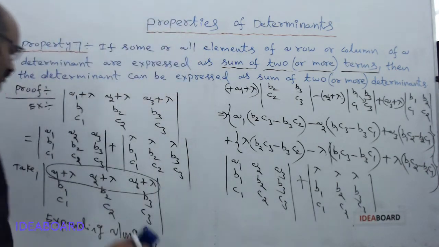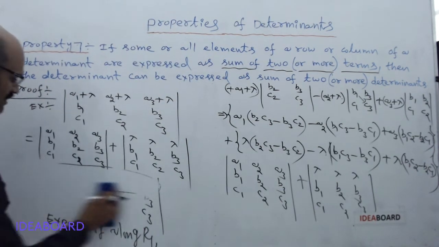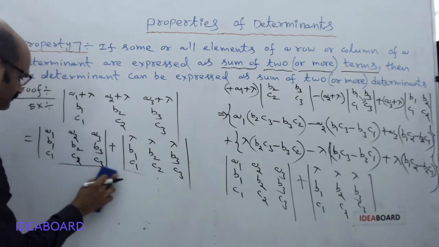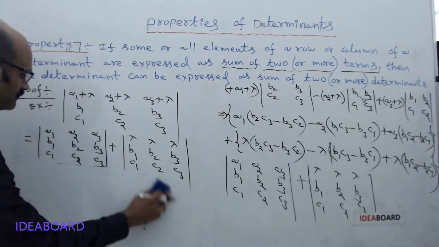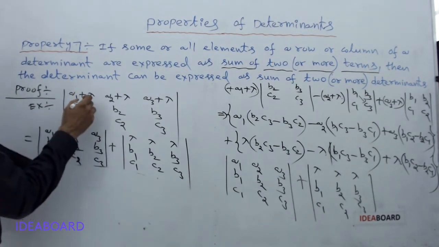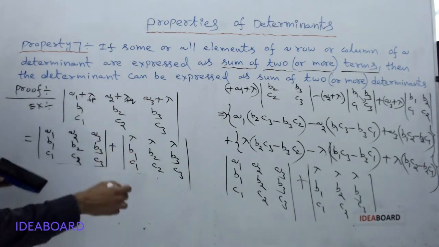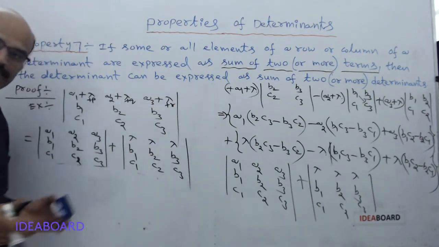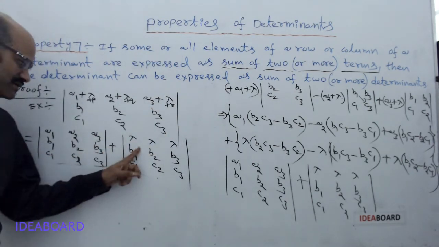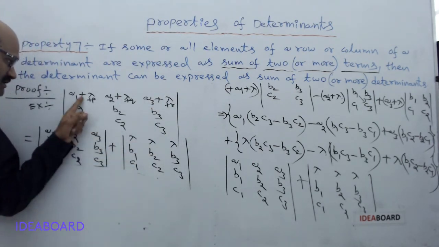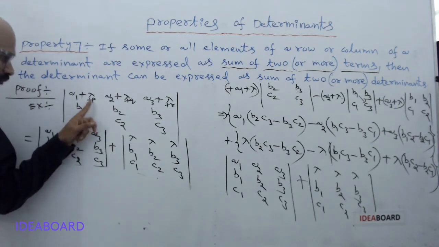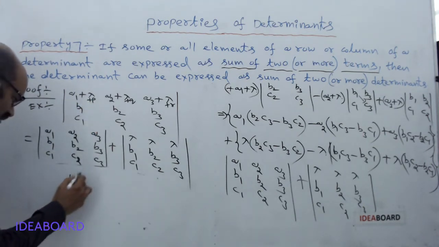Similarly, if this is a sum of three elements, A1 plus lambda plus P, plus Q plus R, already we have written it is the sum of two determinants. Since it is the sum of three elements, we have to take plus one more determinant.